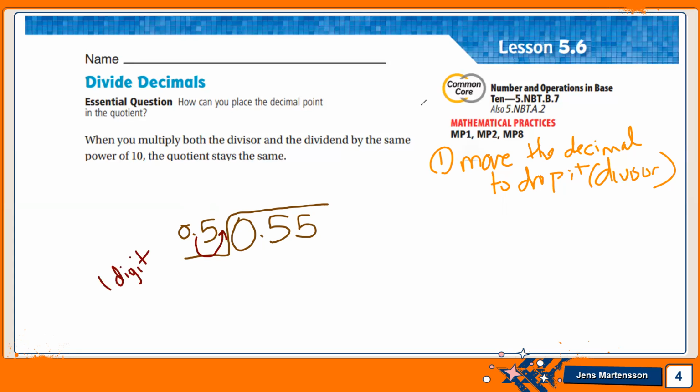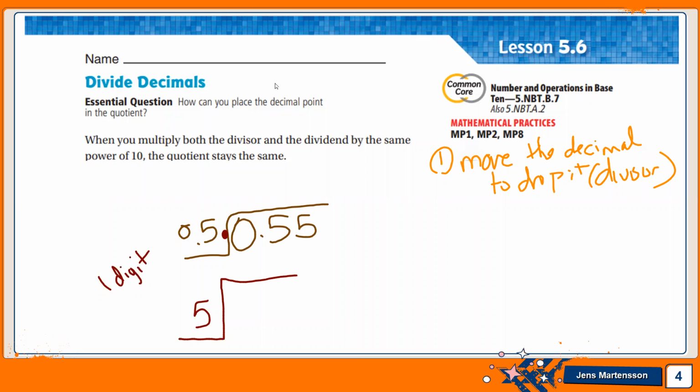So the 0.5 here, the decimal point will move from this point up to this point. So you will move it only 1 digit, as we said. So the 0.5 becomes 5.